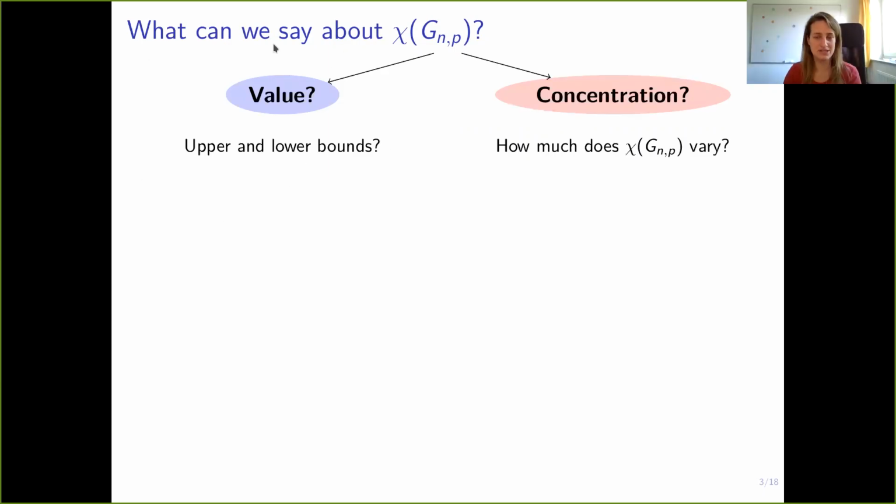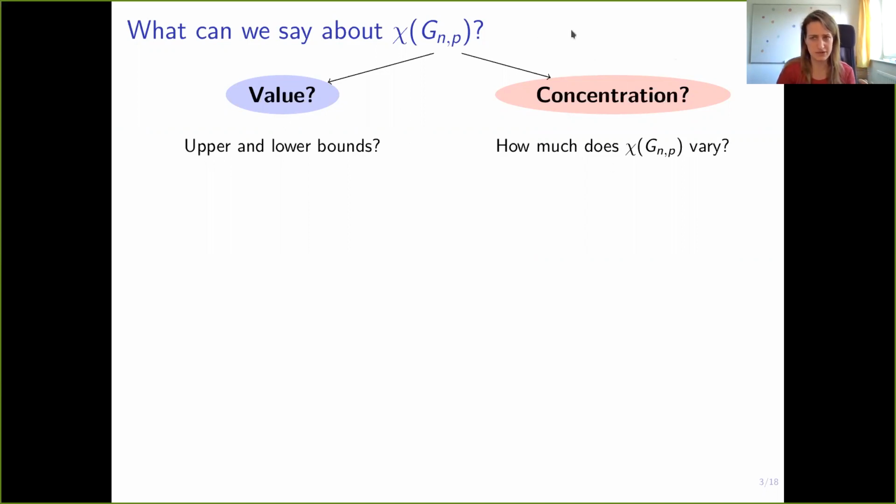First, maybe the most natural question is, what is its value? Can we give any upper and lower bounds? As I said, in principle it can be anywhere between 1 and n, so any bounds that we give always hold with high probability, with probability tending to 1.